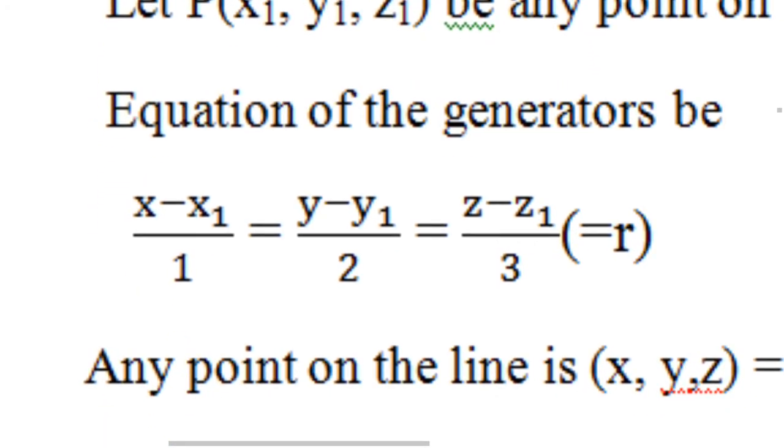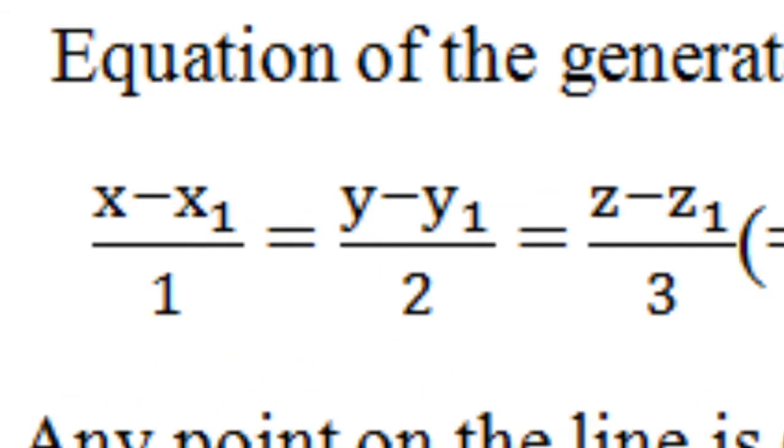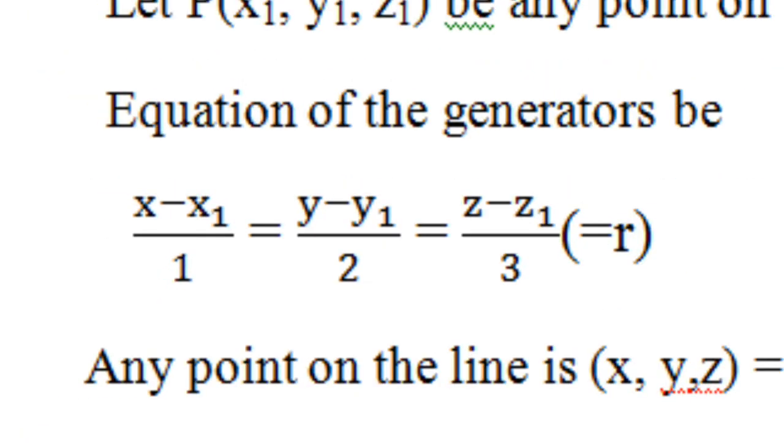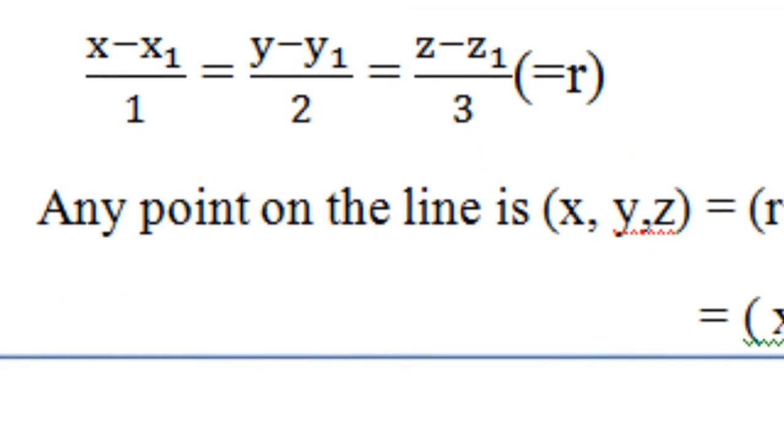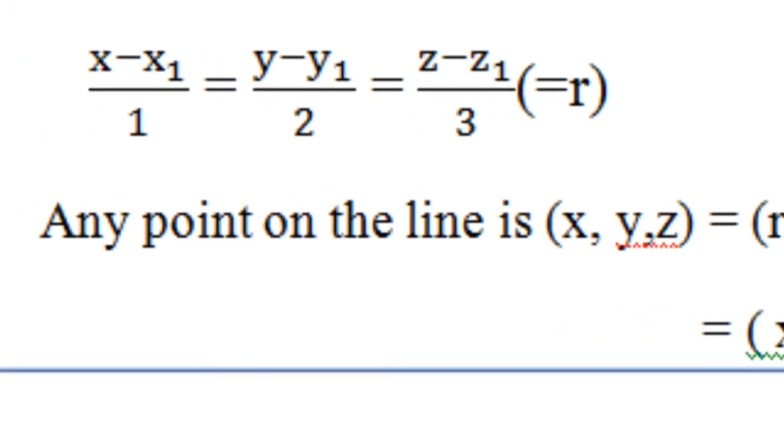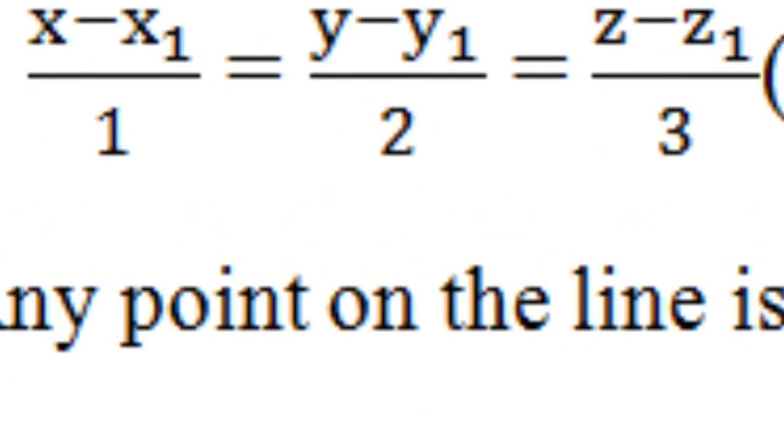After that, you know very well how to find any point on the line. To find any point on the line, you just equate each fraction to r. First, (x minus x1) by 1 is equal to r. If you cross multiply, you will get x equals r plus x1.